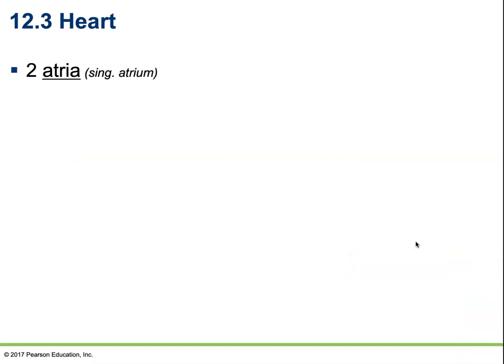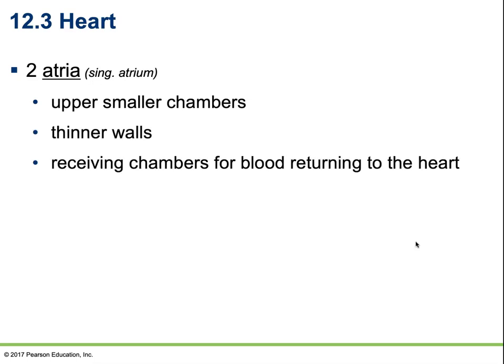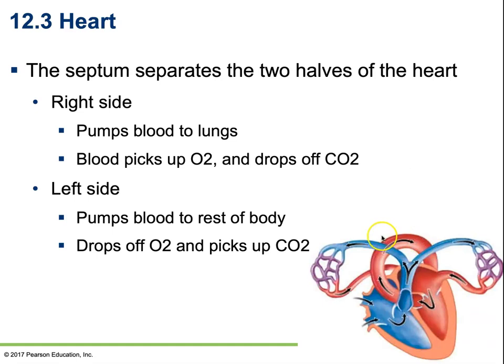So we're going to start by looking a little bit at the regions of the heart. There are 2 atria and 2 ventricles. The 2 atria are going to be the upper, smaller chambers of the heart. They're going to have thinner walls, and they're going to be the receiving chambers for blood returning to the heart. So the left atrium, found over here on the left side, is going to be receiving blood from where?